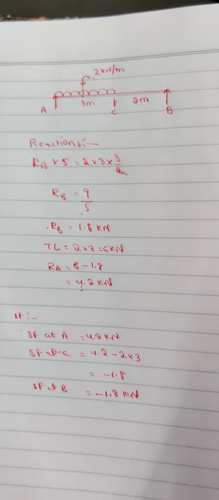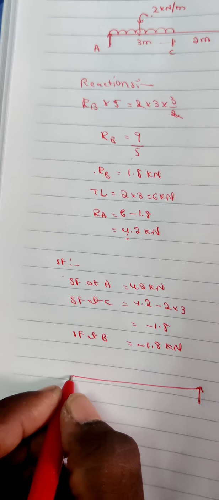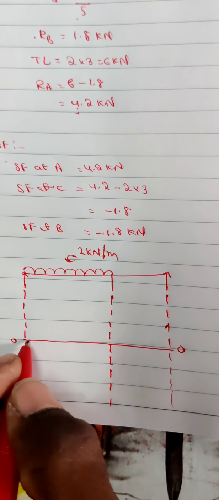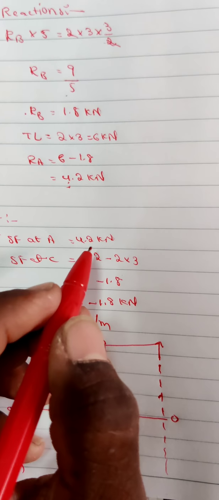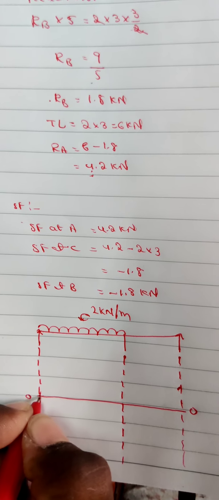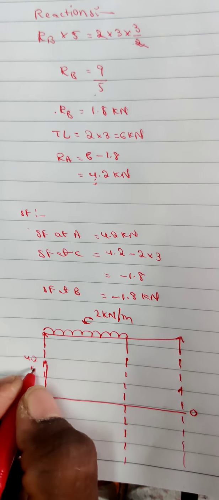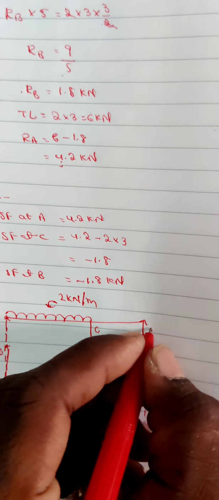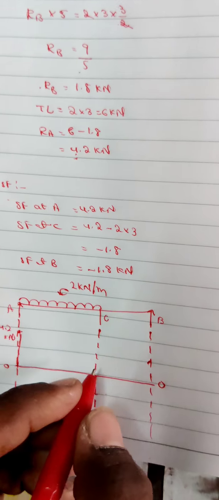Now we can draw the shear force diagram for the beam. This is the baseline for the shear force diagram. Shear force at A is 4.2 kilonewtons, so it extends up to that intensity. This is A, this is C, and this is B. Shear force at C is minus 1.8.